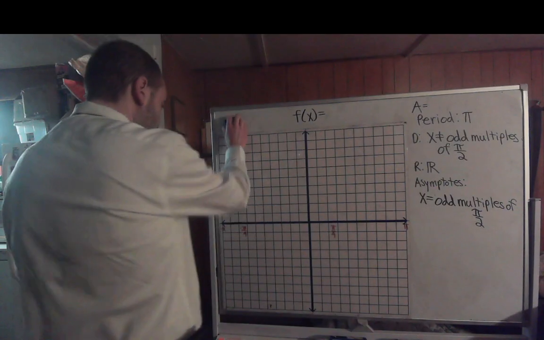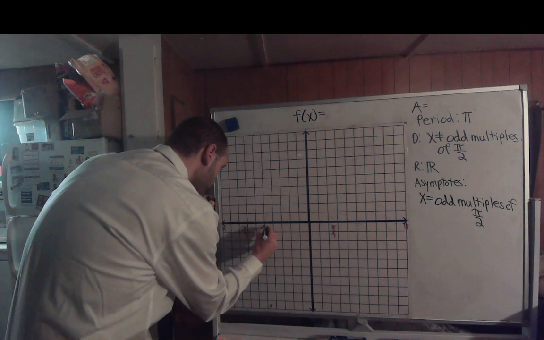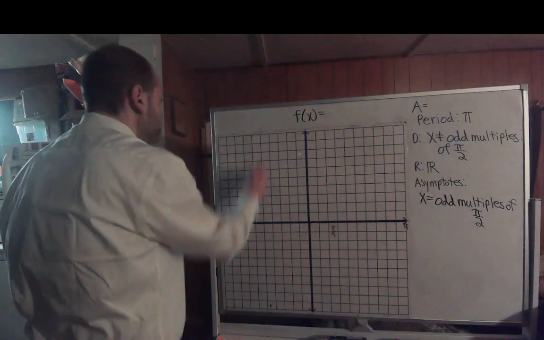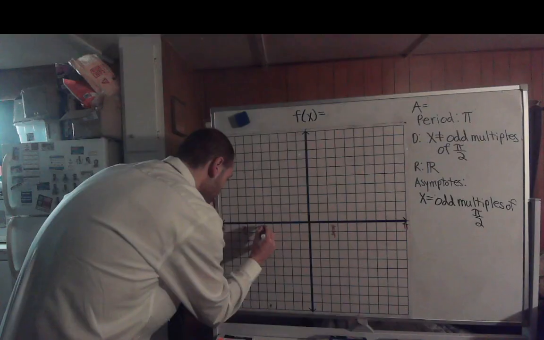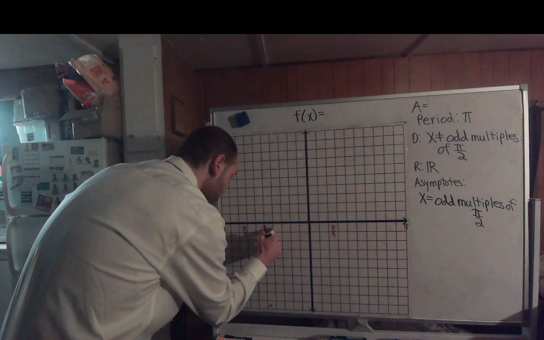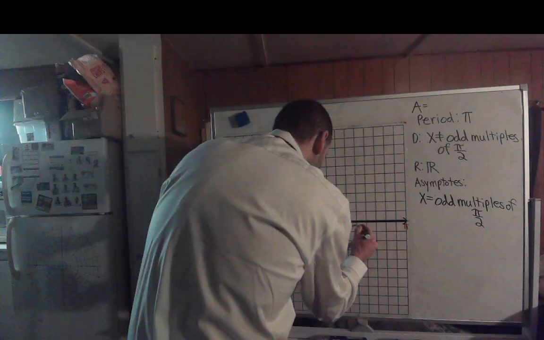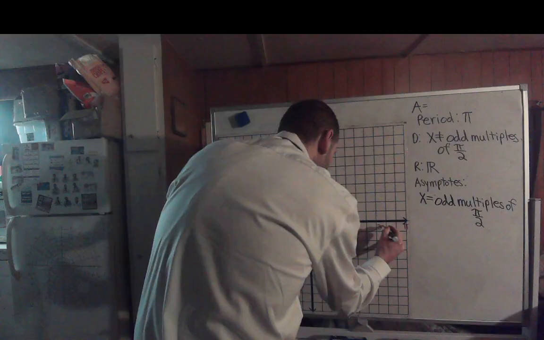I got some of the critical points up. Here's negative pi over 2, negative pi over 4, positive pi over 2, positive 3 pi over 4. Okay. So let's do some vertical shifts.